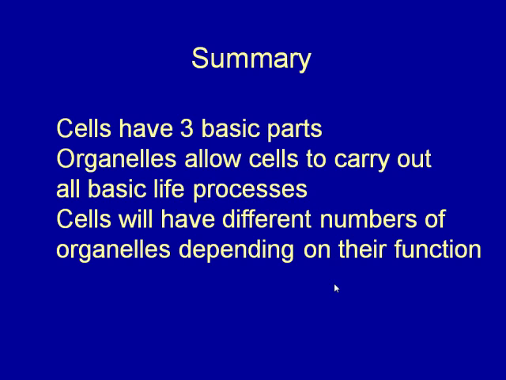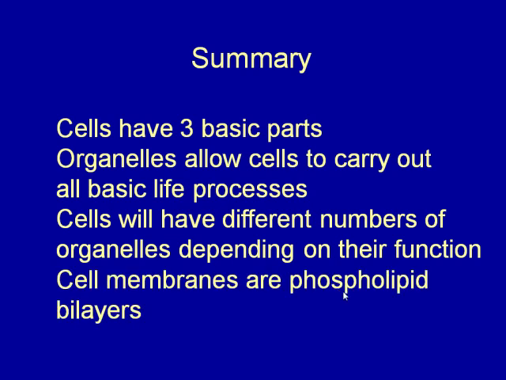Cells will have different numbers of organelles and different types of organelles depending on their function. So while we've talked about a generalized cell that has all of the organelles in it, depending on a cell's function, it will have more or less of certain organelles. And the cell membranes are phospholipid bilayers. They have proteins embedded in them, on them, and through them, and some other structures associated with them.